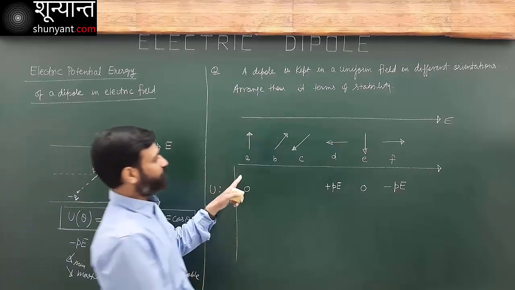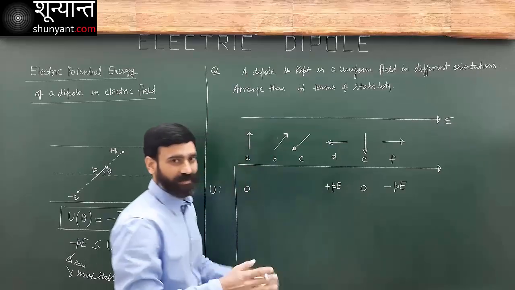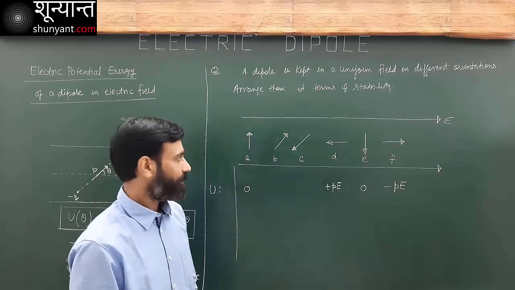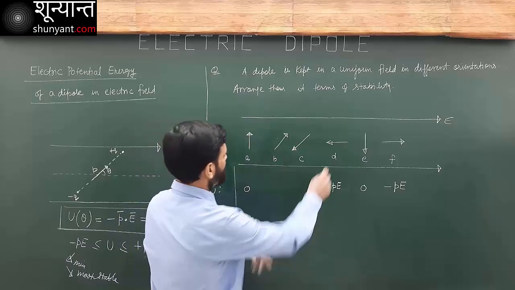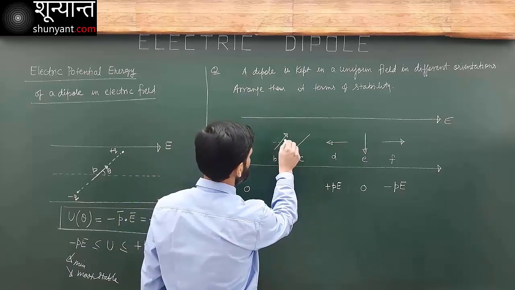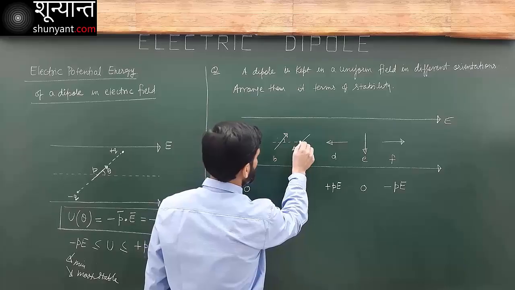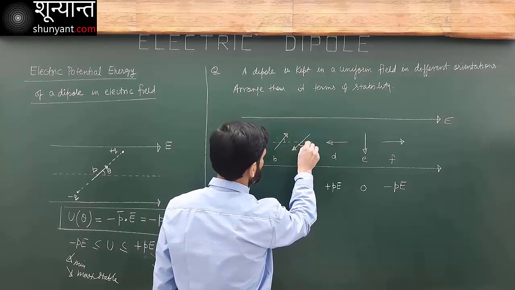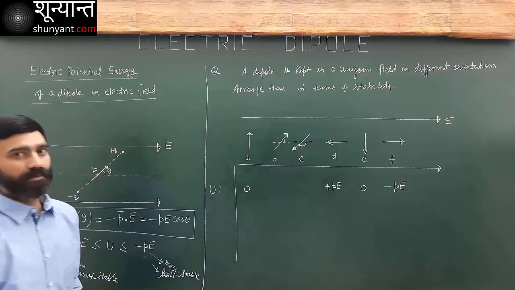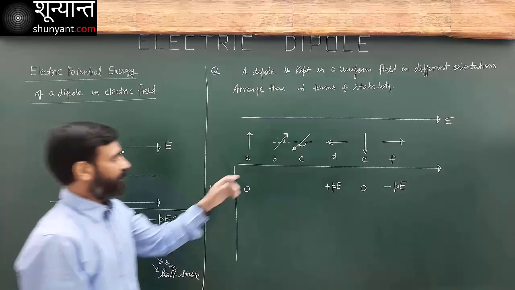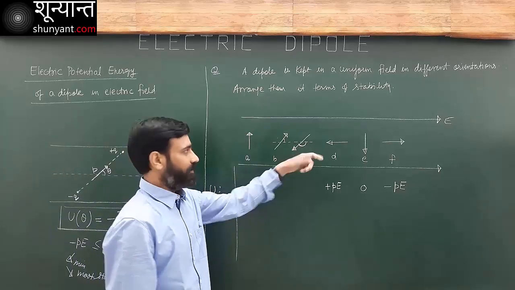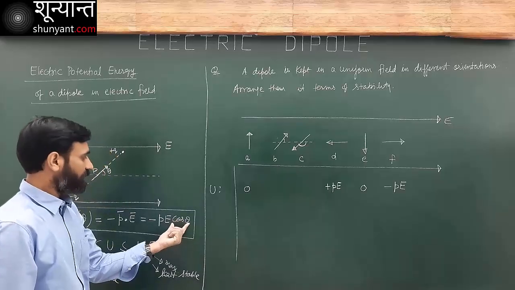These two positions are 0, so they are in between. What about this? The angle here is less than 90 and the angle here is more than 90. Angle is more than 90, so cos will be negative.